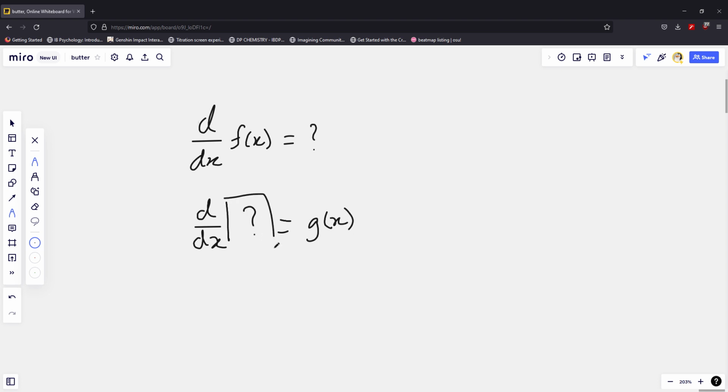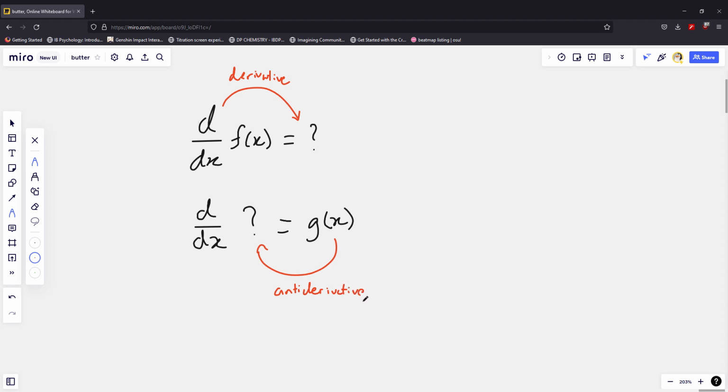How do we find this? So as you may have guessed, we use the process of finding the antiderivative. So whereas this way would be looking for the derivative, going backwards from g of x to this question mark would be finding the antiderivative. This makes sense, hopefully.